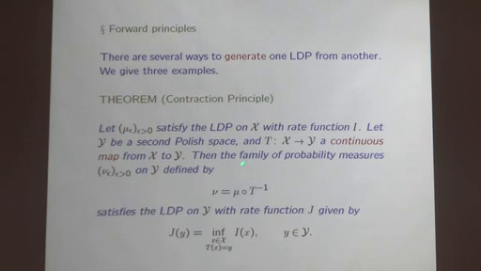Then what the contraction principle says is that this new family of probability measures on the new Polish space again satisfies a large deviation principle, and it has its own rate function, and the rate function is just obtained from the original rate function by taking the infimum of that rate function over all points that get mapped onto a point y at which I want to consider the new rate function.